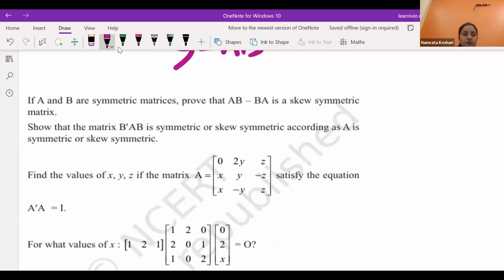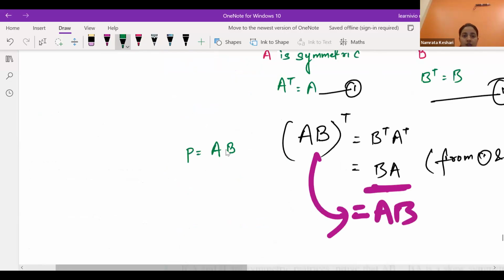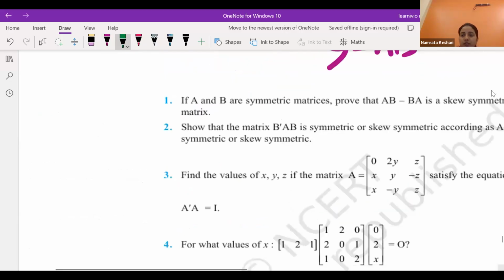Yeah, this one. This question number, let me check the number. Question number 2. Let me drag it first.